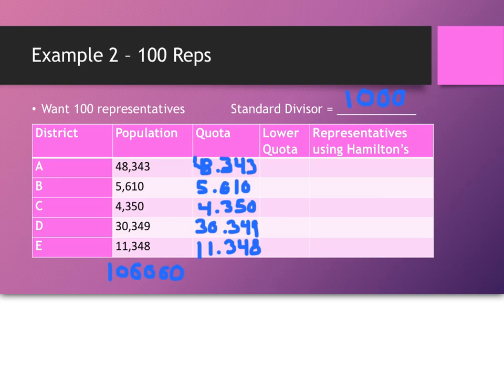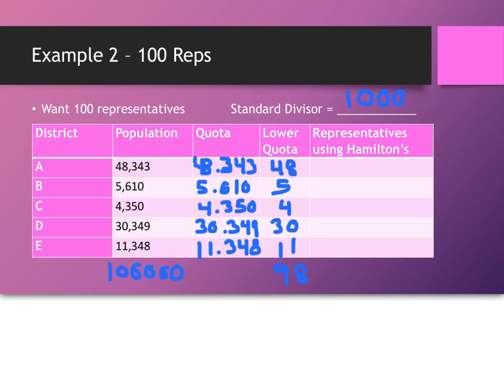So the lower quotas here are 48, 5, 4, 30, and 11. Now, calculate 48 plus 5 plus 4 plus 30 plus 11. And you see that we have 98 total representatives allotted right now.